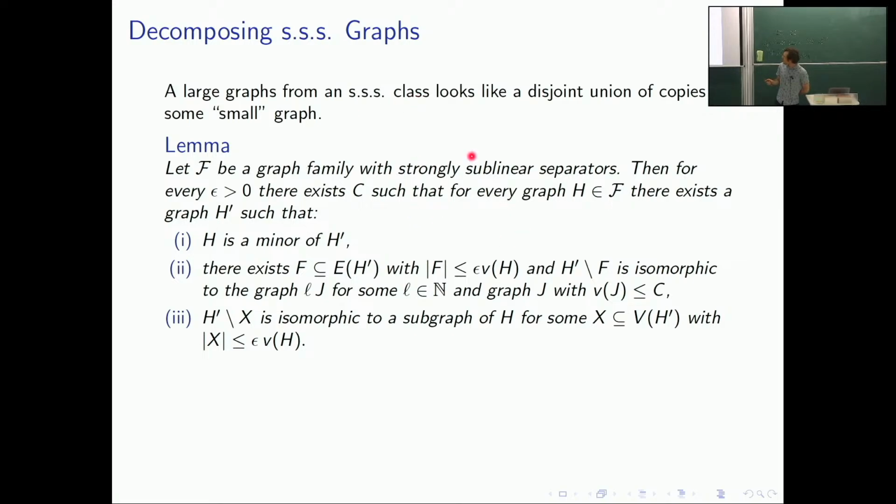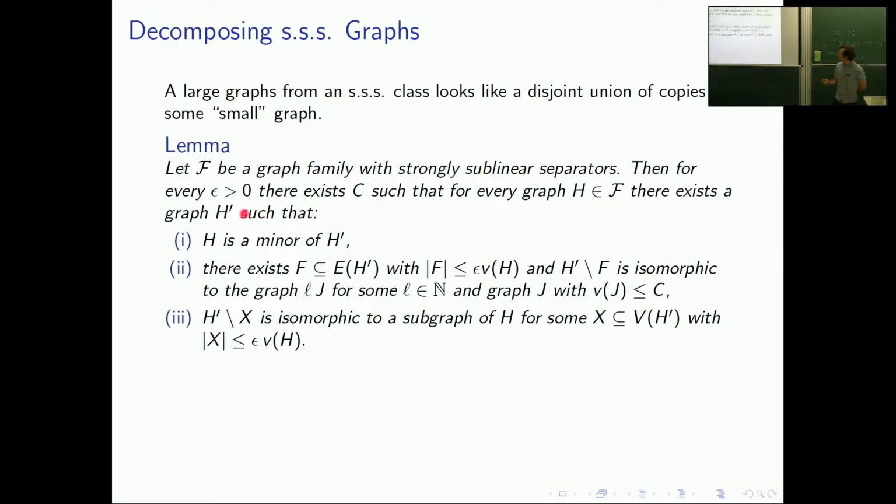For every graph H from F, there exists some graph H prime, which contains H as a minor. So that's a good first step. That means that if we contain H prime as a minor, we contain H as a minor.